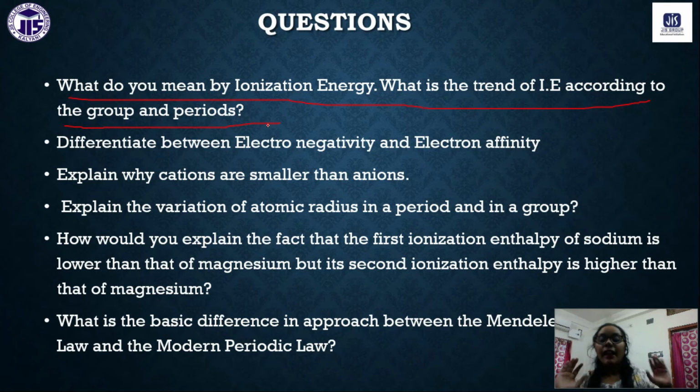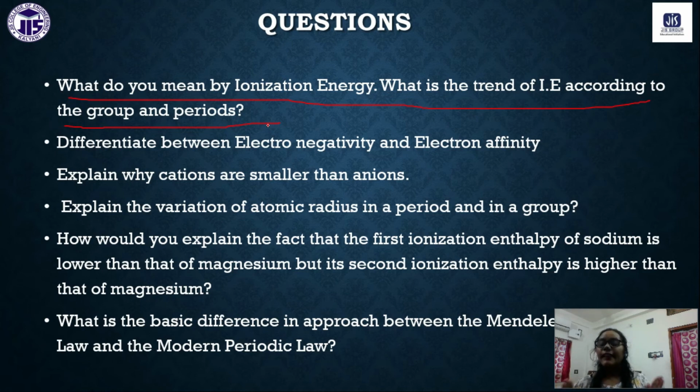That means the outer orbital electron whatever we have will be held more strongly because of the size effect. That is why we have to use a huge amount of energy. So along the period, if we go towards the right side, the ionization energy will increase, because if the size decreases, then the ionization energy increases.